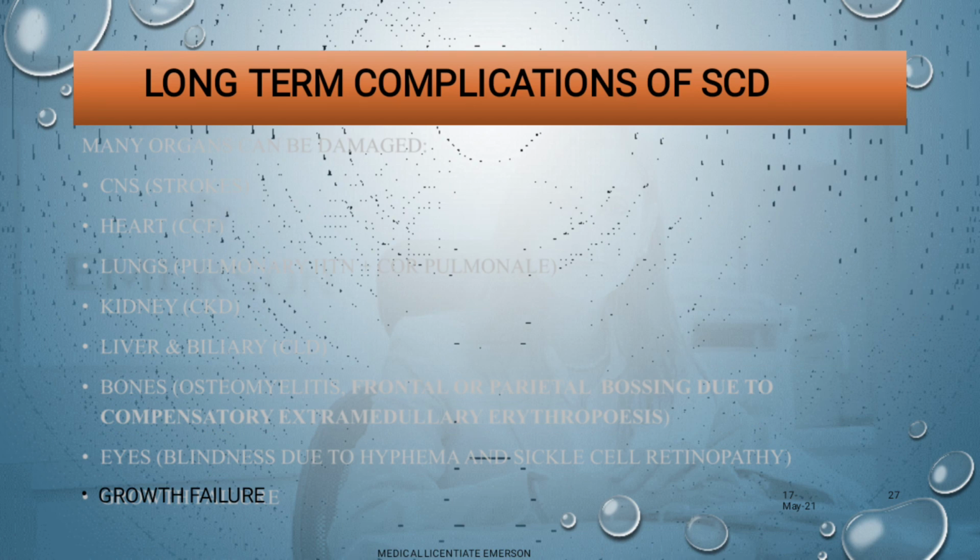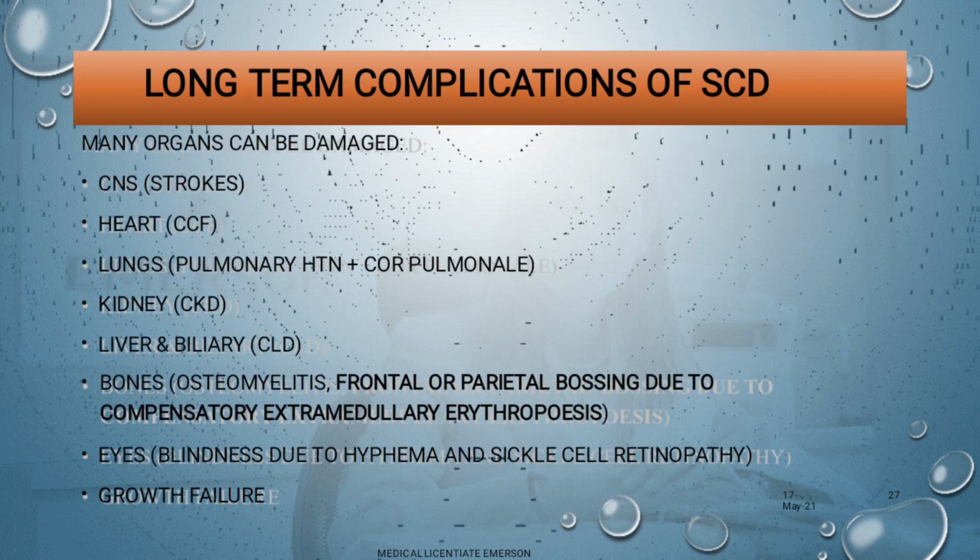Then in terms of complications for sickle cell disease, we can have acute and chronic. So the acute are the ones mostly we are talking about. So the crises and the bone pains, okay, the priapism. But in terms of the long term, main organs can be damaged, so you may end up having strokes, heart failure, pulmonary hypertension plus cor pulmonale, chronic kidney disease, liver and biliary chronic liver diseases.